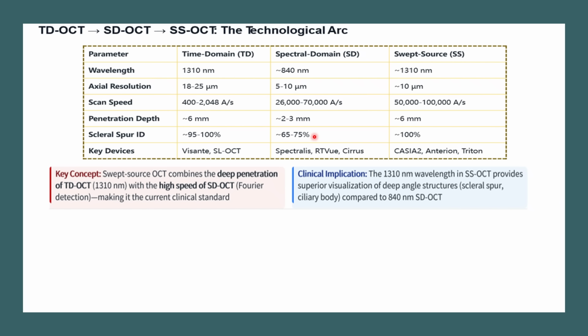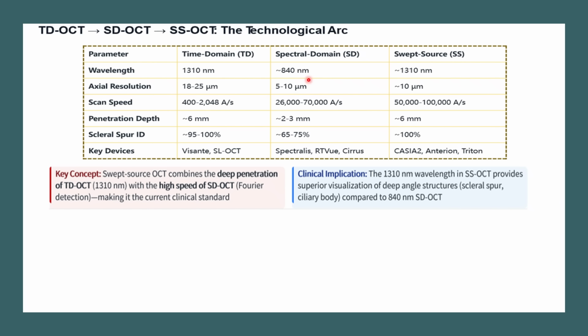So this is one of the disadvantages of the spectral domain, the use of a shorter wavelength, so that it has poorer penetration. However, the use of this shorter wavelength brings another advantage of the spectral domain, which is the resolution.